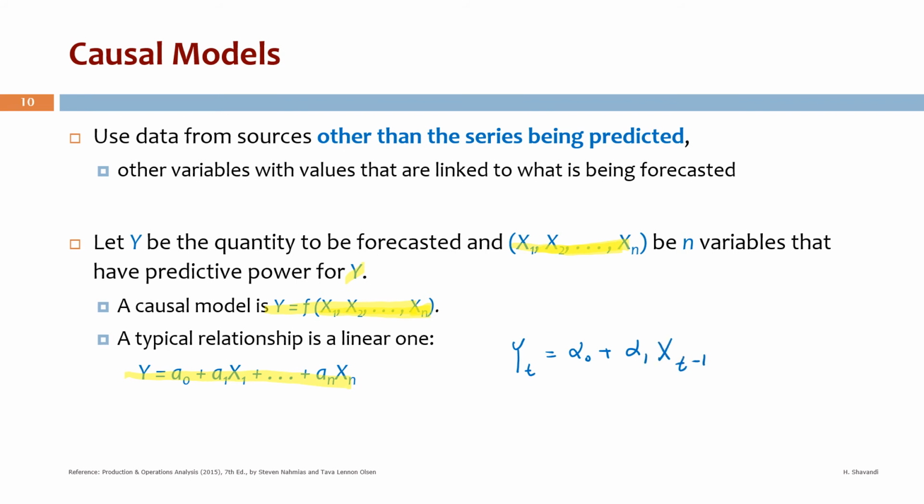So by this, we are building a linear function between the interest rate in the previous year and the number of homes that can be sold this year. And so by having the interest rate of any year, we can forecast the number of homes that can be sold in the next year by this model. Okay, so this is called a causal model.